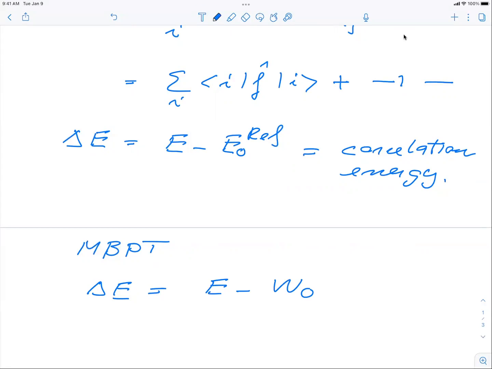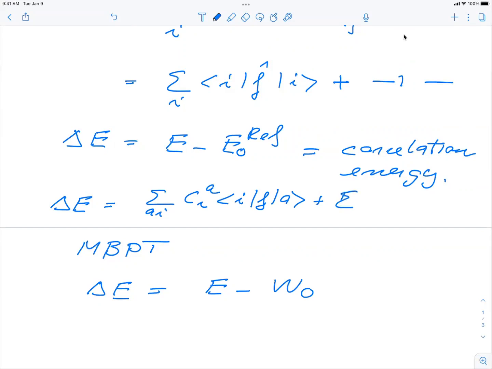Let me also quickly remind you that this delta E, when we had only a two-body interaction, that's something which we could rewrite as a sum over a and i. And then we had these coefficients, which represent a one particle, one hole excitation. And we had this matrix element here. That was one of the terms. And then we had plus, and then we had the sum here.